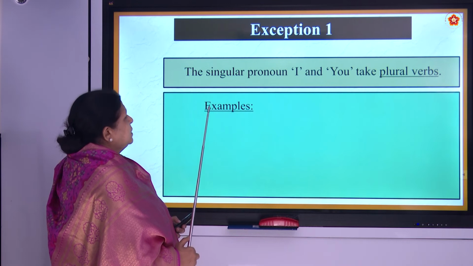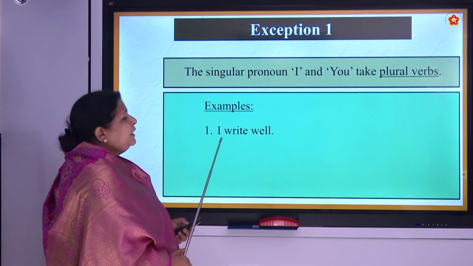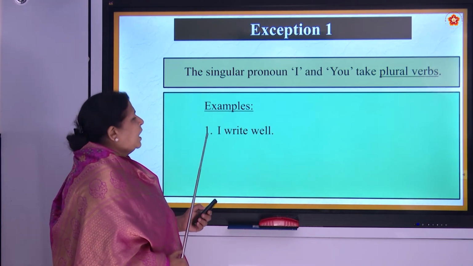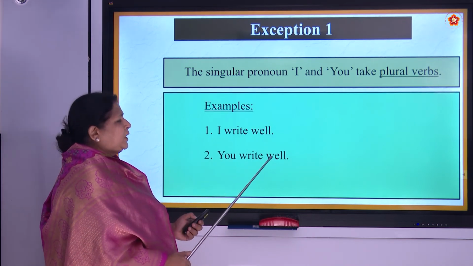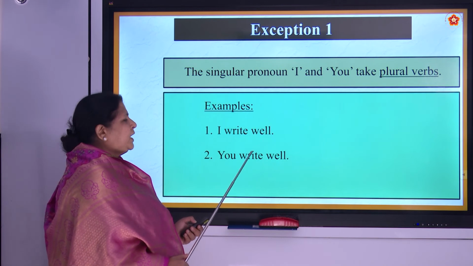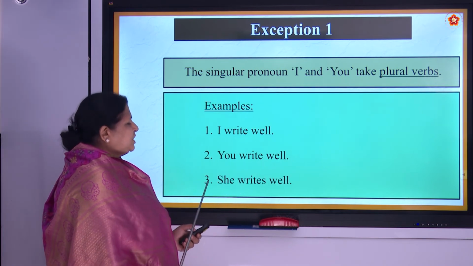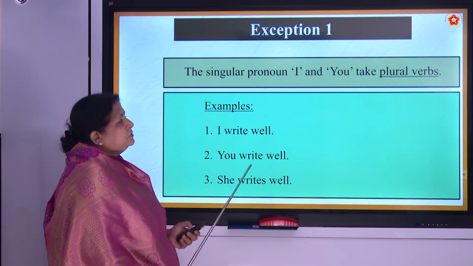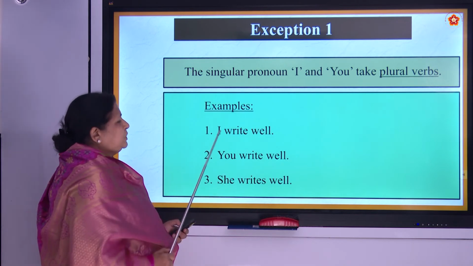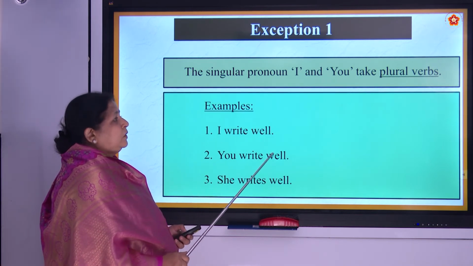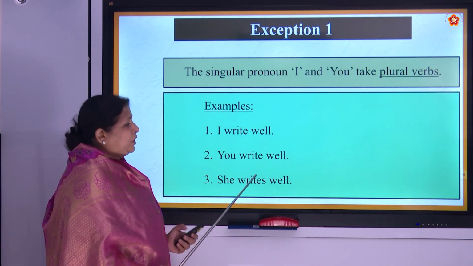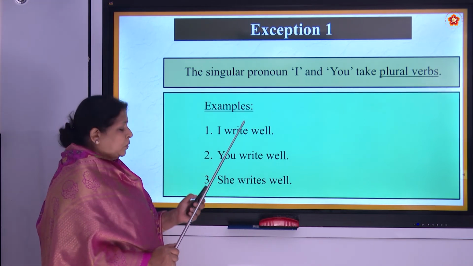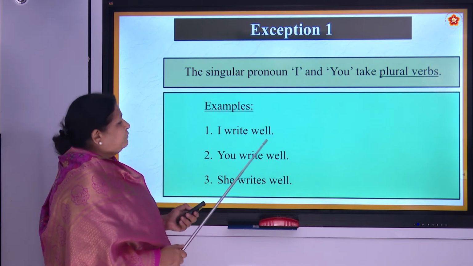So for example: I write well, you write well, she writes well. See here, I and you write well, but she writes well. So this is singular, here it is plural. I hope you are understanding the difference.